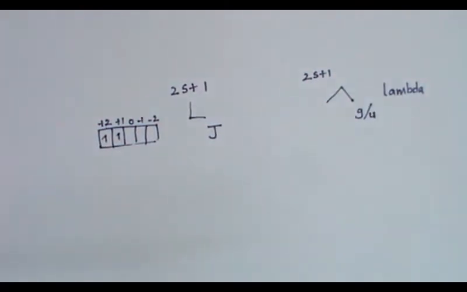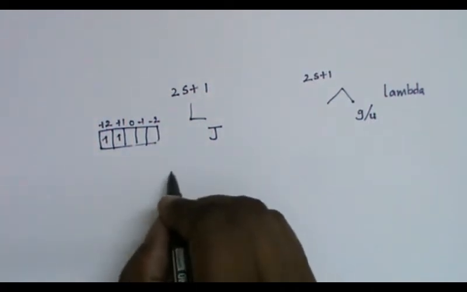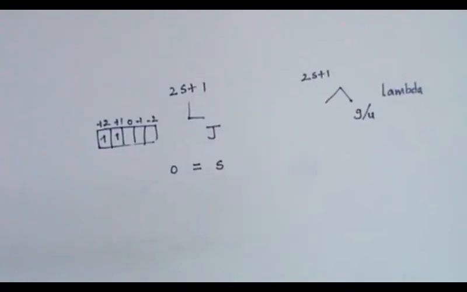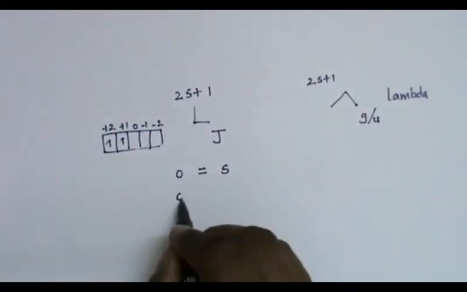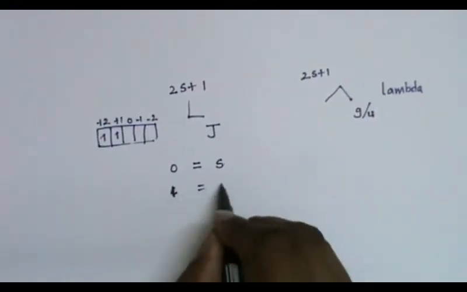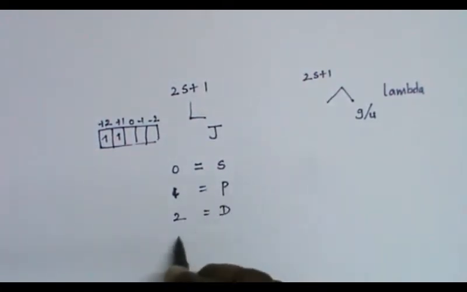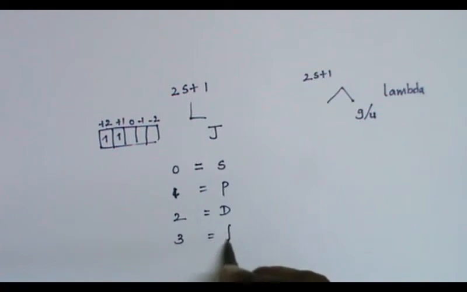Like that we calculate. If the L value is equal to 0, then we go for S term. If the L value is equal to 1, we go for P term. If it is 2, we go for D term. If it is 3, we go for F term. Sorry, it is capital. You may know this one.